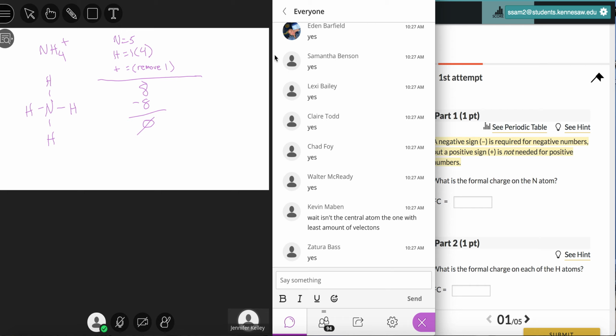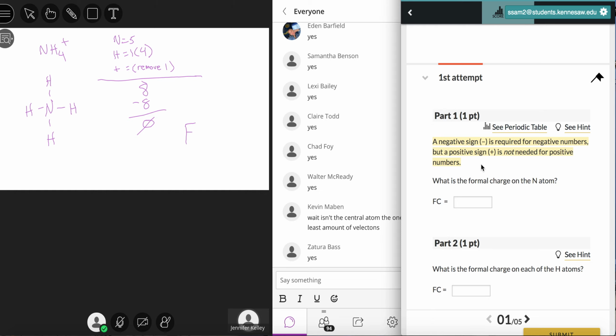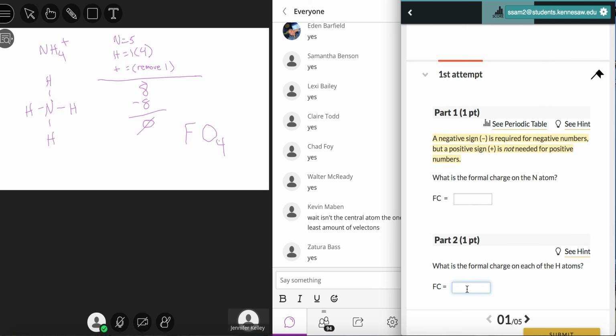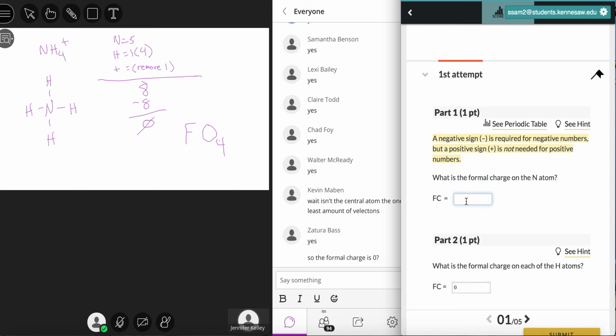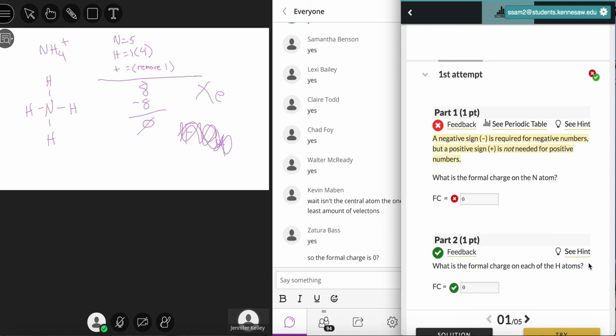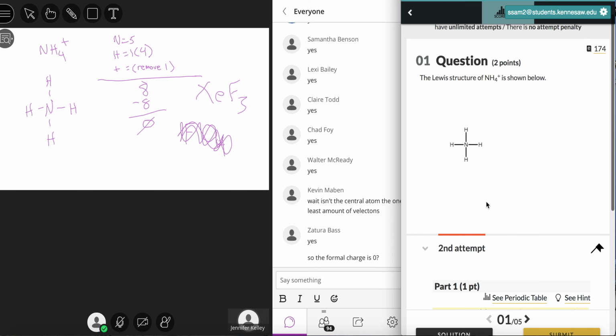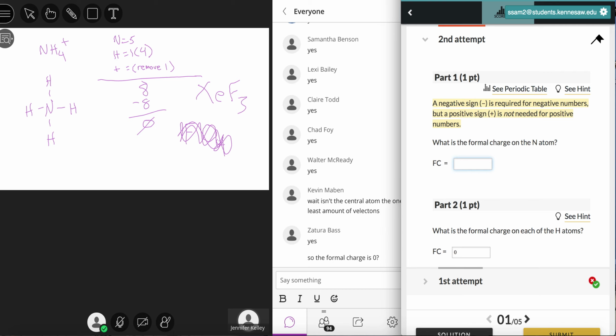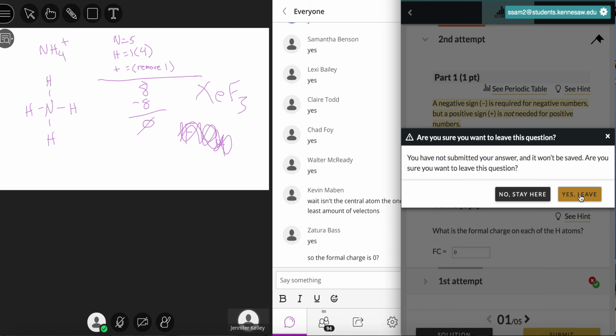So if I had, let's see, XeF3. Fluorine is the most electronegative thing on the periodic table, so the one that's less electronegative is xenon.